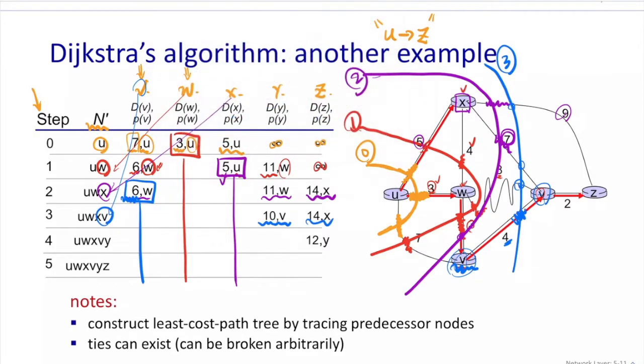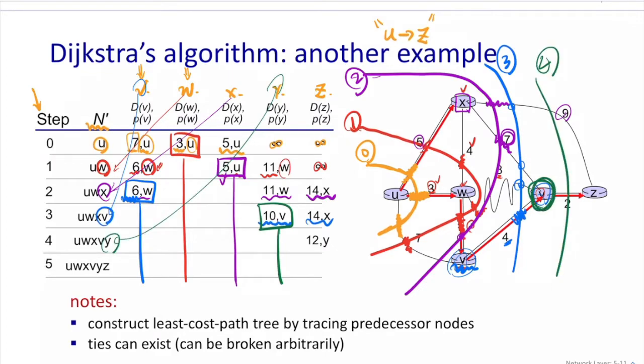So again, we select the smallest one, and that is Y. So we include Y here. So next part is right here. Again, we include new Y. Can I go through this green boundary through Y to Z? Yes, we can. And the amount of cost is 2.